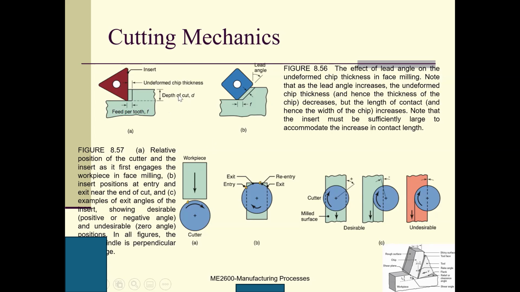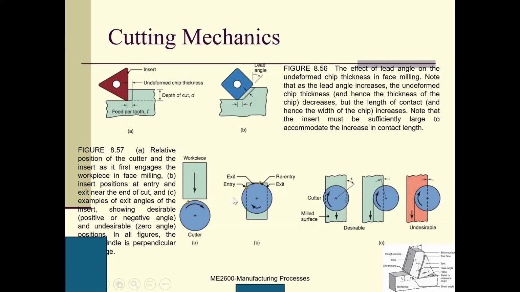So this is this picture. We have undeformed chip thickness, depth of cut, and feed per tooth. Here is the relative position of the cutter and the insert as it first engages the work piece. This is my cutter.